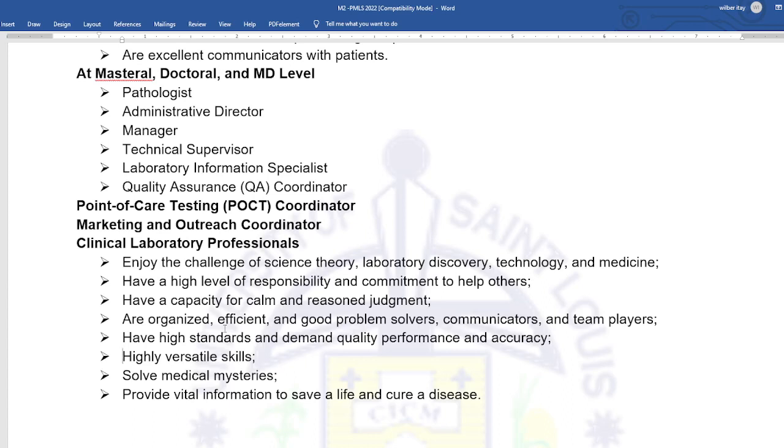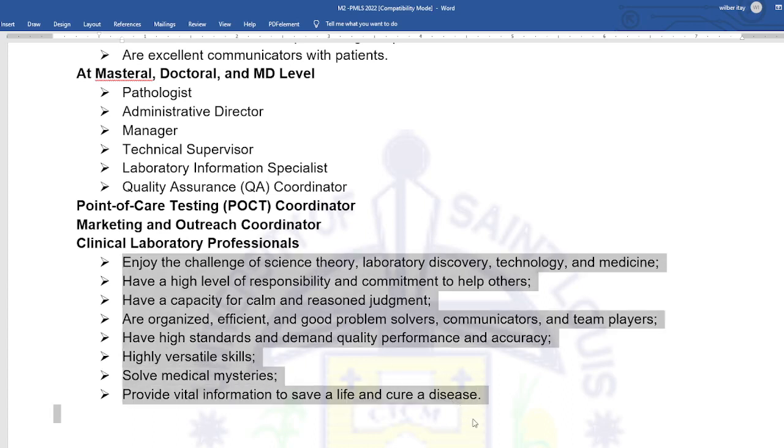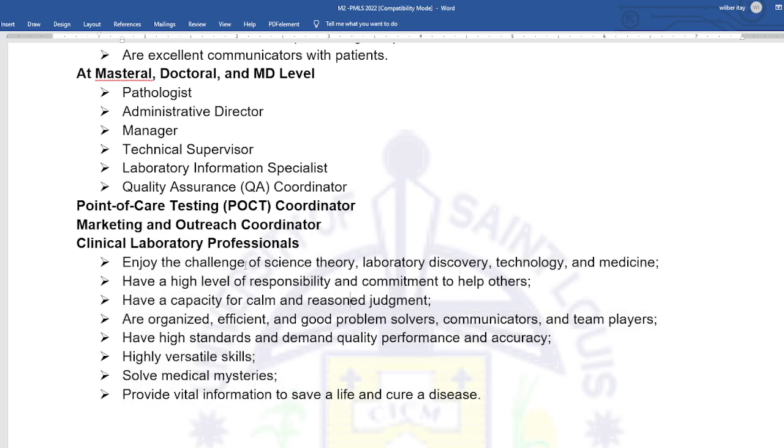Okay, so actually I just tried this, but through the discussion, na-mention ko na to or na-discuss ko na to. Okay, so we enjoy the challenge of science, technology, laboratory, discovery, technology, and medicine because this is about the combination of this. Okay, so si science theories, si lab discoveries, si technology, and medicine.